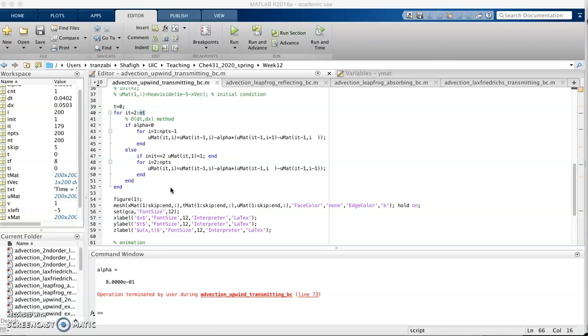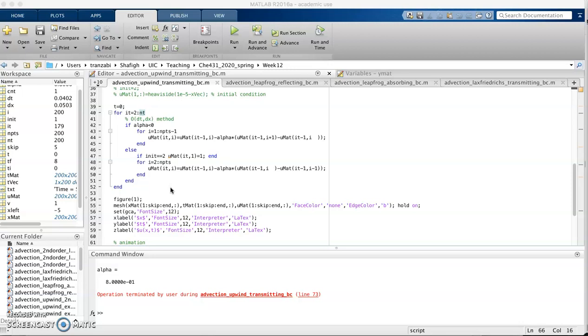In transmitting boundary conditions, we want a flow of species, or whatever is in, let's say, the channel, to go through the boundary without any reflection.